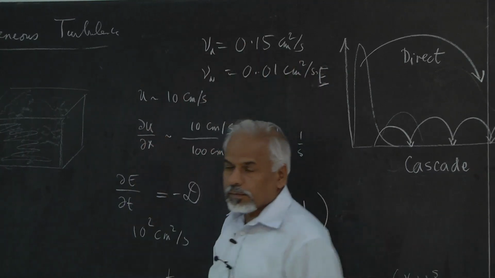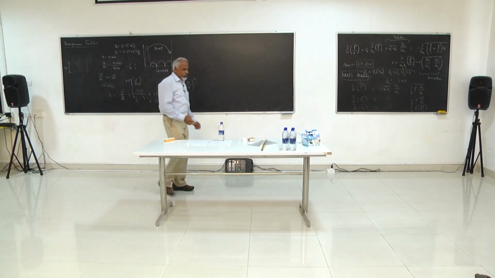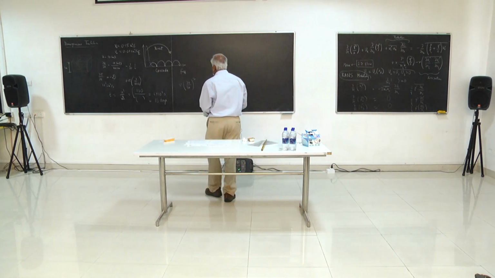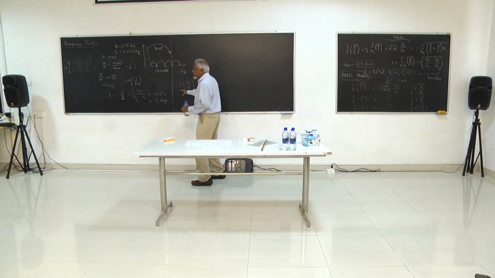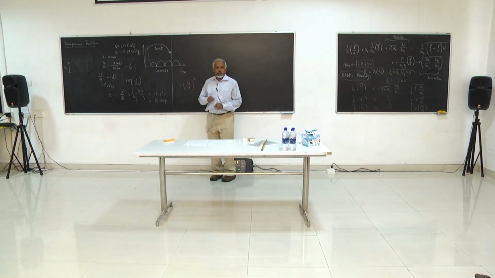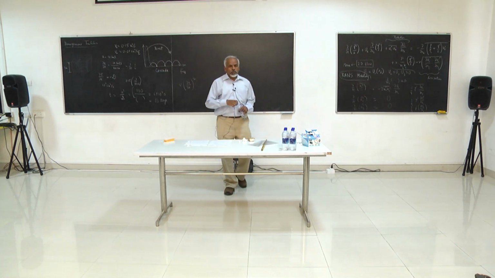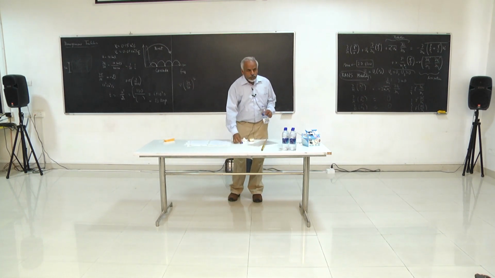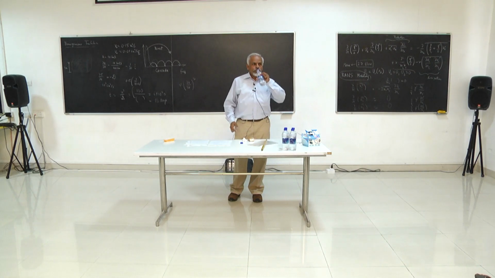So something like that. I probably said it the opposite way. So you might think that the dissipation in one case will be larger than in the other, but one of the fascinating things about turbulence is that it does not.